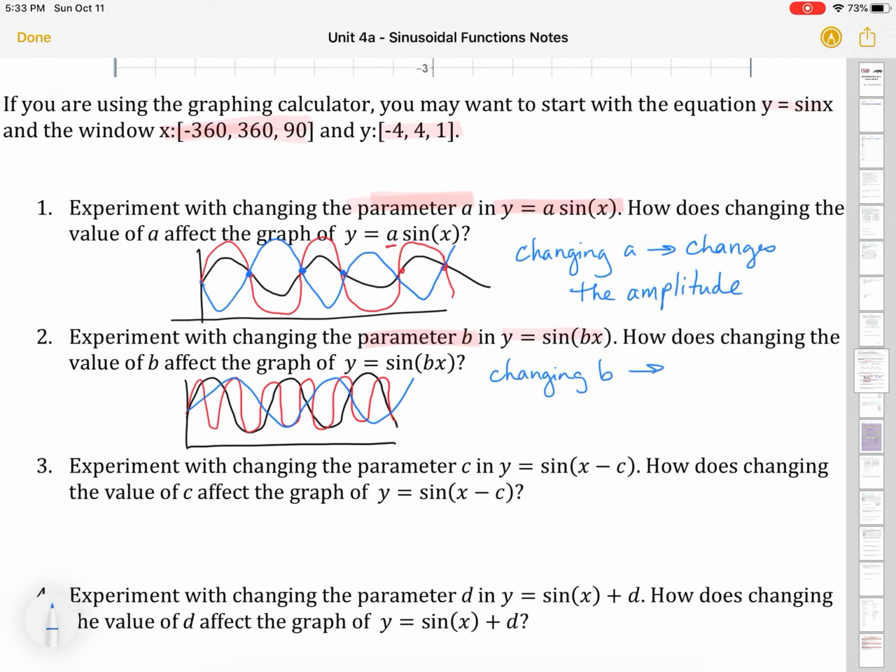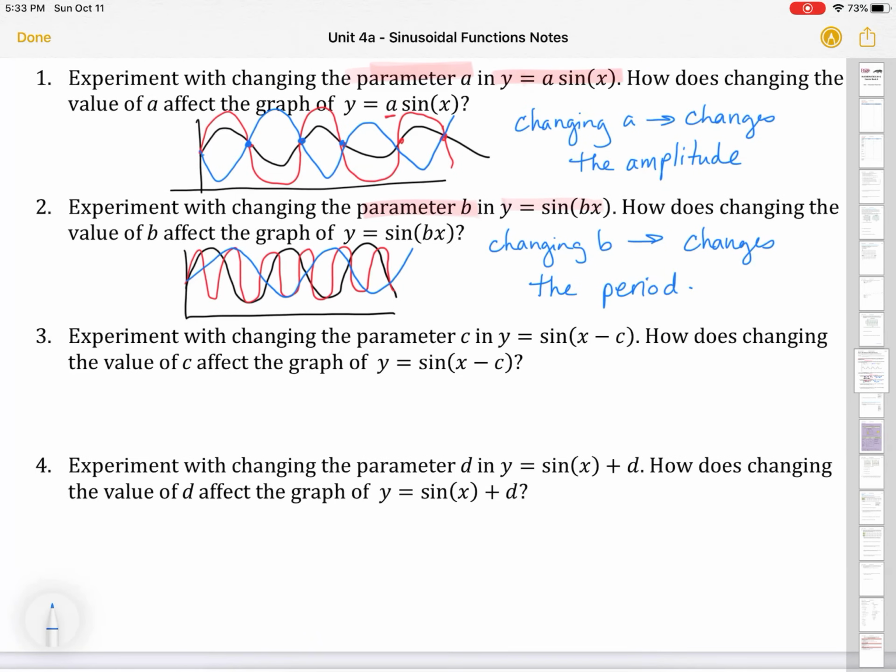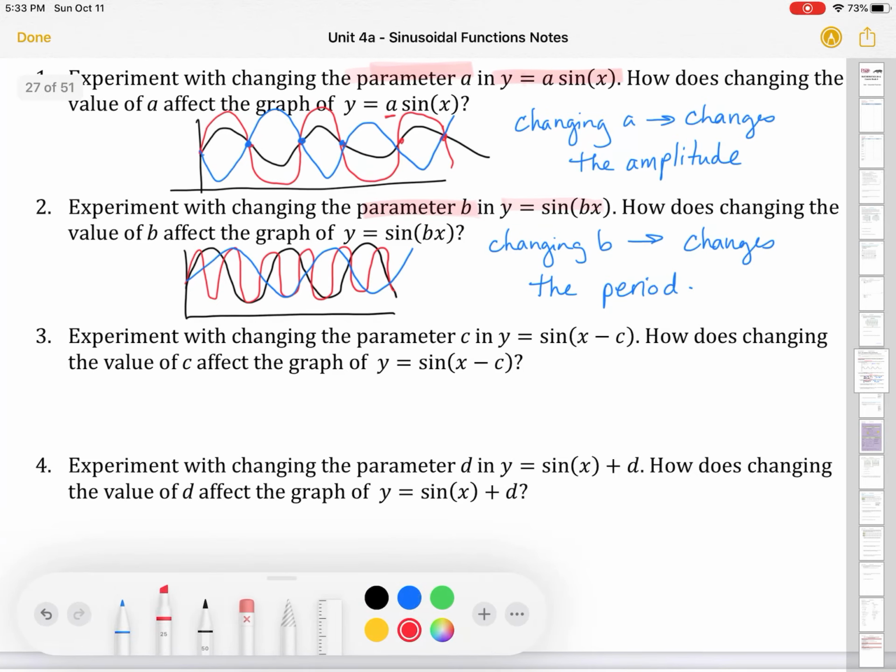Changing b changes the period. Okay, so we still have the same amplitude, but the period shifts and changes. Okay, it kind of looks like a slinky, right?